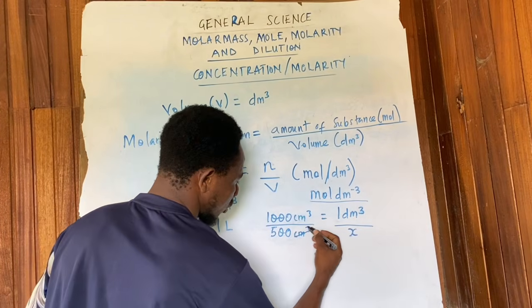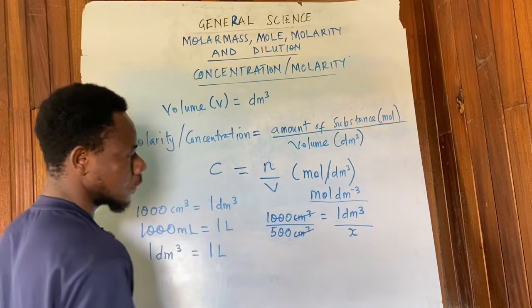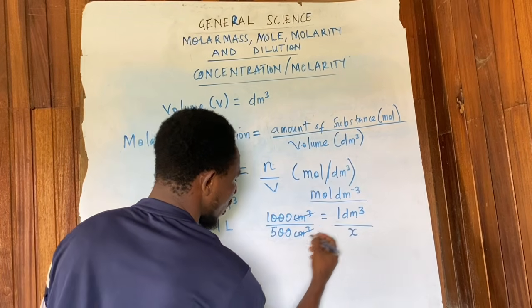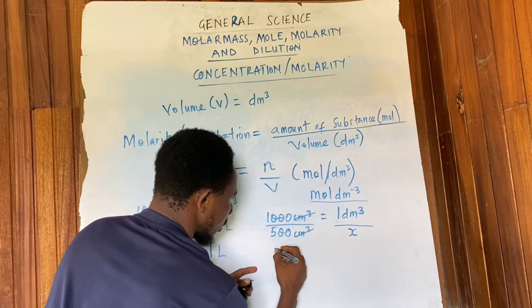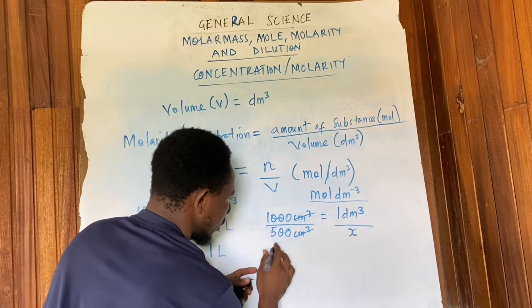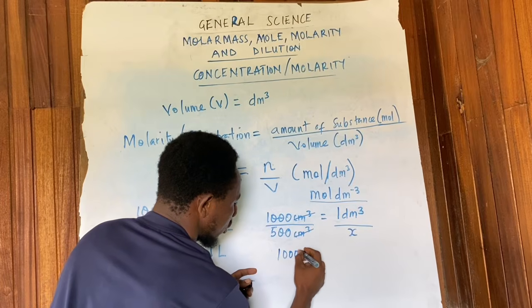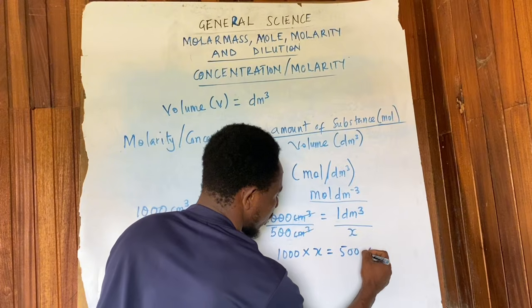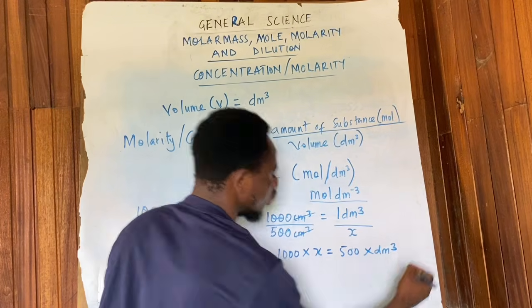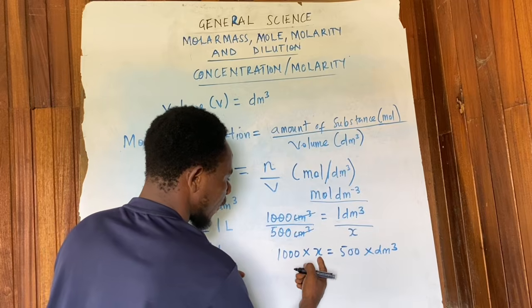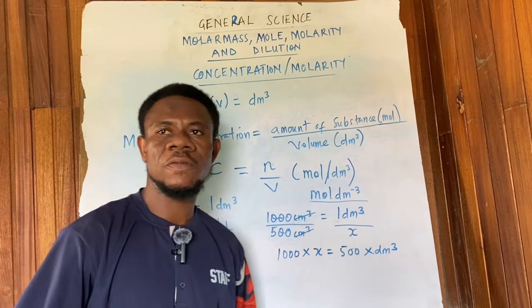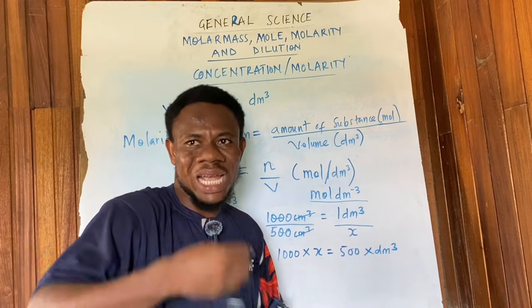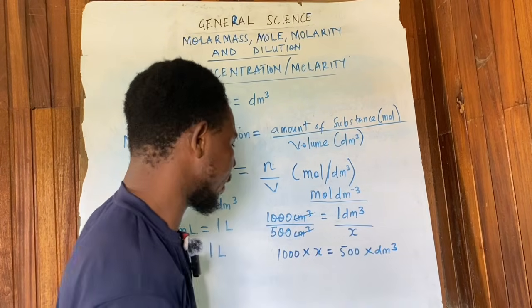Now, don't forget, this one will cancel this one, right? Now, let me do cross multiplication like this. I want to find x. So 1000 will multiply x is equals to 500 multiplying dm cube, here like this. Since I want to find x, if you are finding for an alphabet, any number attached to what you want to find, you just have to divide by it.